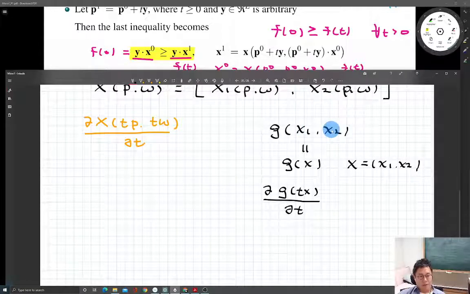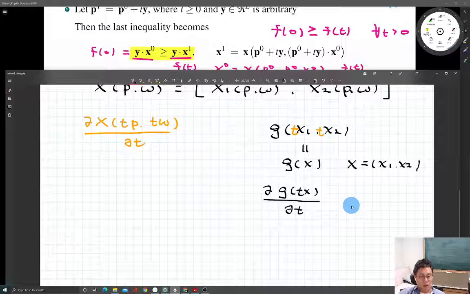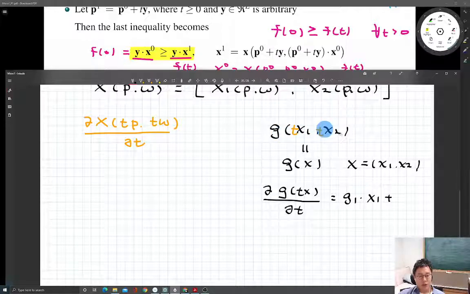Because if we multiply t to the inner argument, then it's going to be tx1 and tx2. So the derivative of g is going to be the total derivative. So g sub 1, the partial derivative of g with respect to x1, and we multiply by x1 by the chain rule. And then we need to consider the change in g due to change in x2, because change in t induces the change in x2.